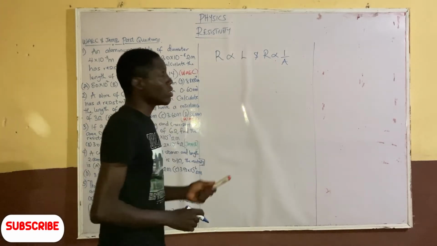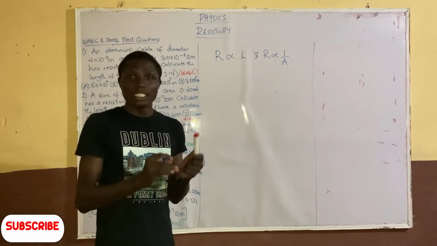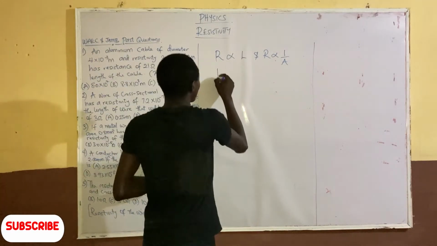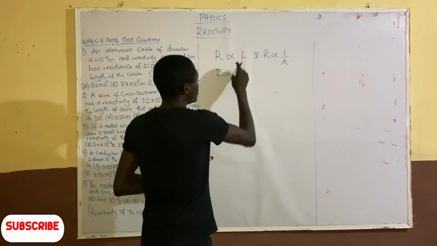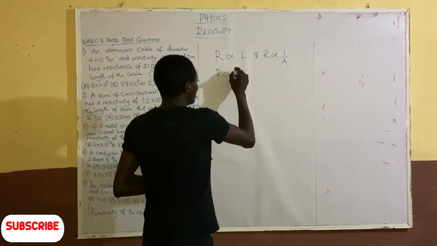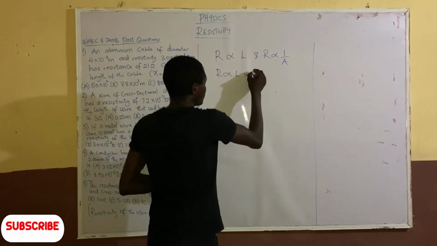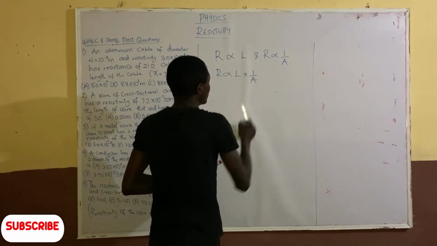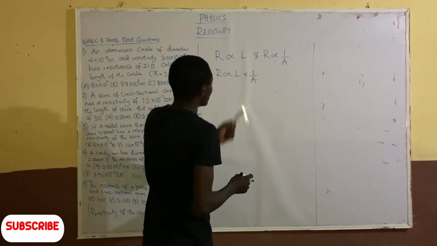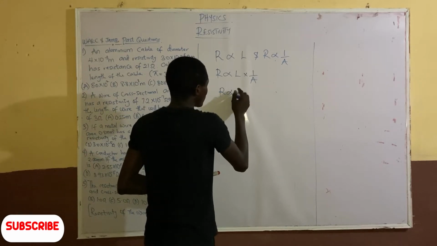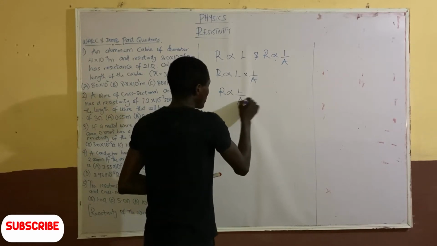From this relationship, we can derive the formula for resistivity. Combining this variation, R is directly proportional to L multiplied by 1 over A, so R is proportional to L all over A.